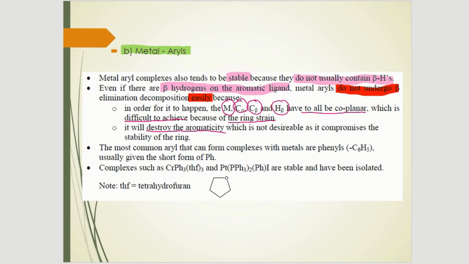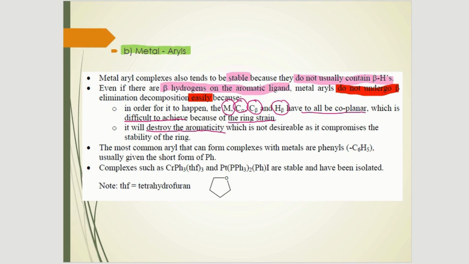And even if it can be achieved, this will destroy the aromaticity, which is not desirable and compromises the stability of the ring. So that's why it is so difficult to undergo beta elimination decomposition with metal aryl.